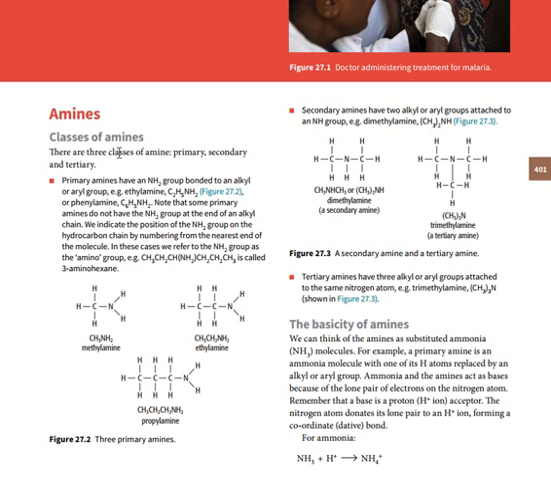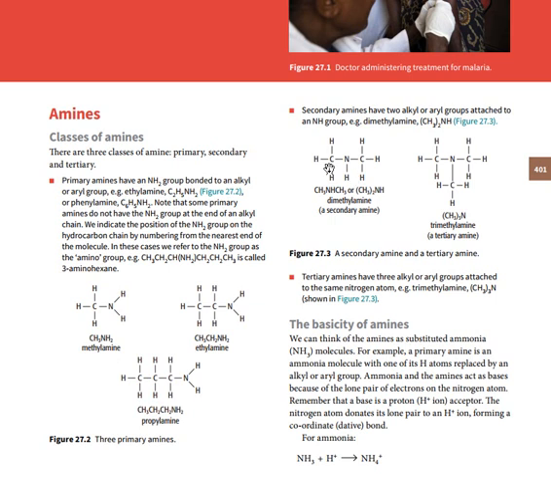Now we have the classes of amines. There are three main classes: primary, secondary, and tertiary amines. For primary amines, the NH2 group, or amine group, is attached to a carbon atom having two hydrogen atoms attached to it.